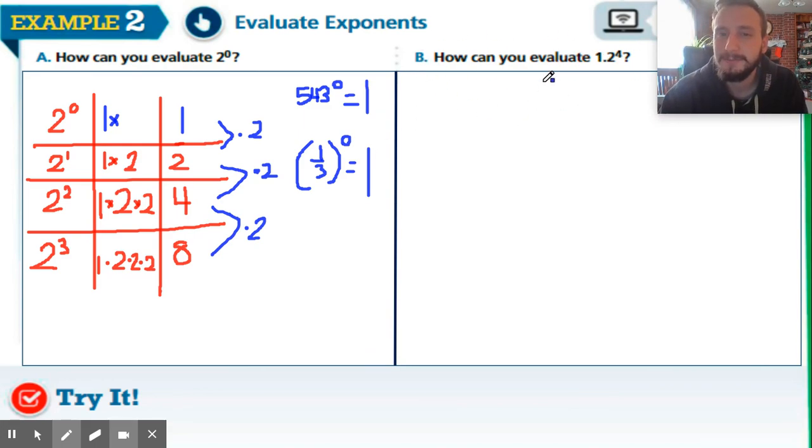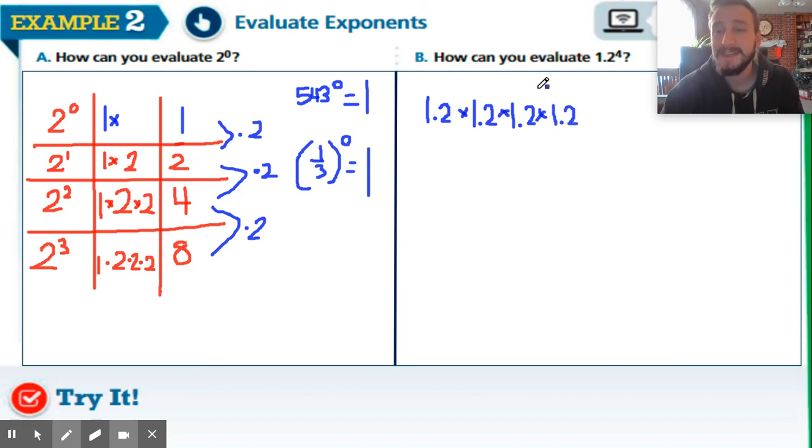Now let's look over here. It says, how can you evaluate 1.2, so 1 and 2/10 raised to the power of 4. Well, this exponent isn't attached to just the 2. It's saying 1.2 times itself 4 times. So if I were to write this in expanded form, 1.2 times 1.2 times 1.2 times 1.2.